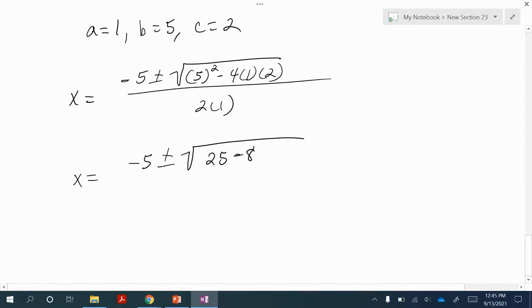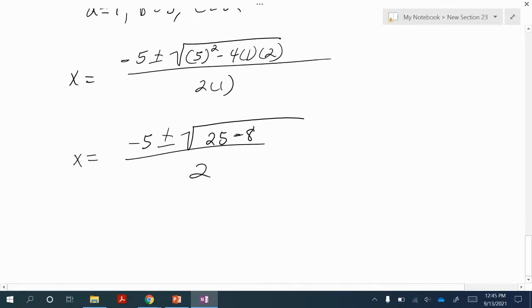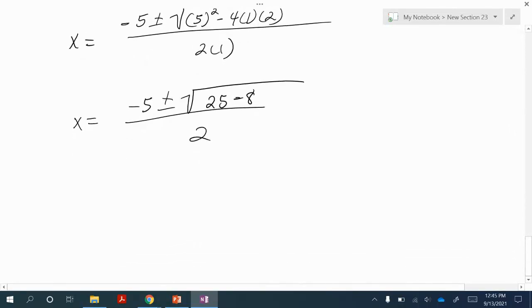Now we'll multiply -4 times 1 times 2 to get -8. Right? We're going to divide that by 2. So now if we simplify our square root, we have -5 plus or minus the square root of 17 over 2.